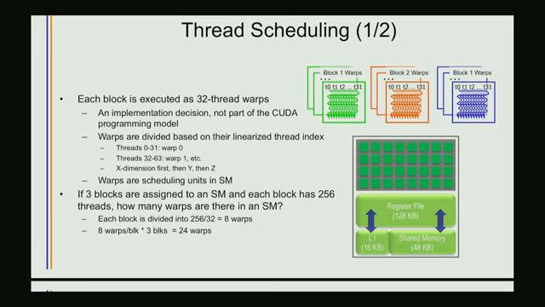And these warps become the schedulable entities that execute on the SM hardware, which is very different than when we think about a CPU thread. A CPU thread is a single instruction. Well, I guess the GPU thread is also a single instruction, but from an execution perspective, the threads are organized as chunks of 32, these warps.